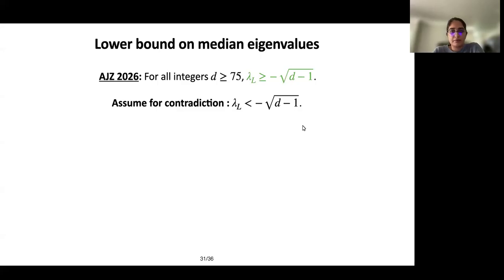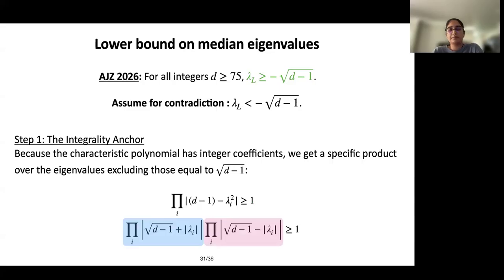The way we move forward is we develop this integrality anchor. We basically say that because all my eigenvalues are real, because we started with a real symmetric matrix, the adjacency matrix, the characteristic polynomial has integer coefficients.